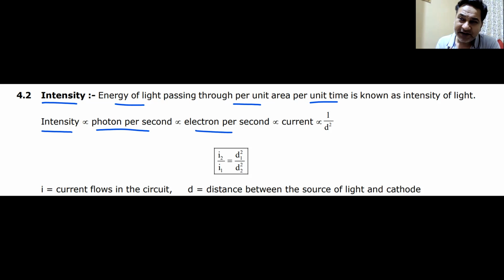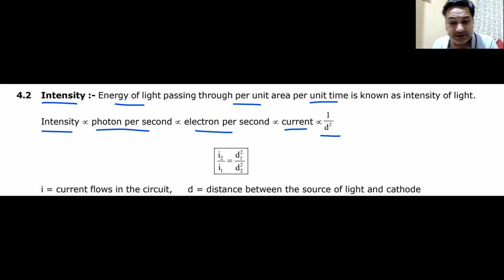Sometimes the question might refer, instead of photons, to electrons: how many electrons are emitted by the photosensitive body to produce that photoelectric current? So we can relate it to photocurrent. This is proportional to current, so we understand this.